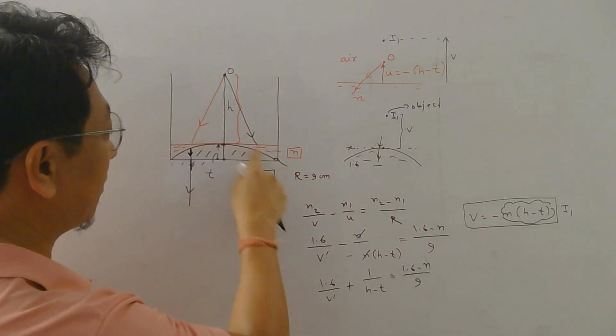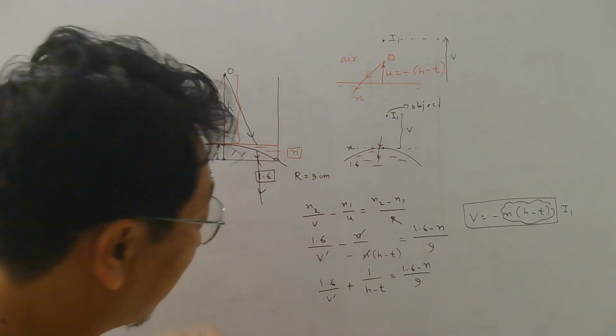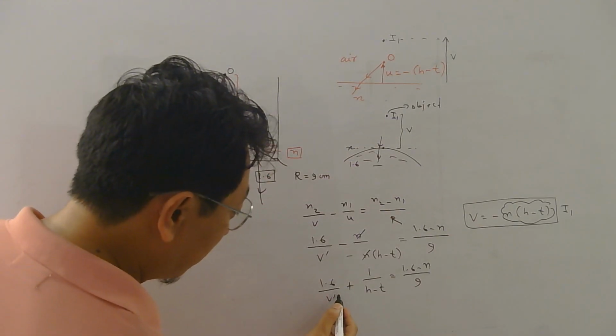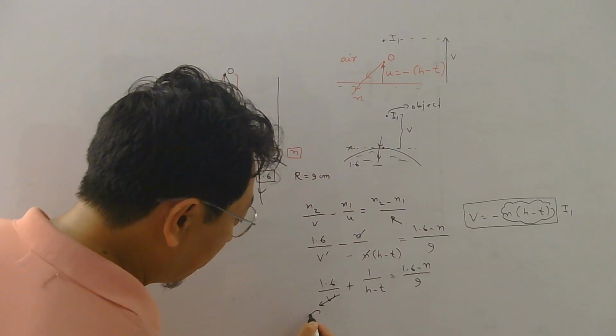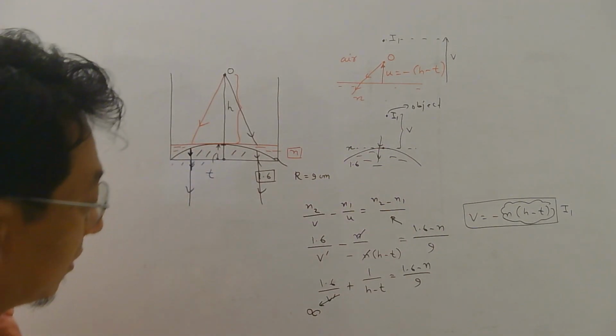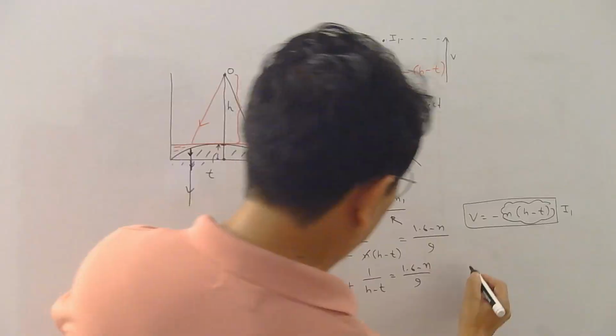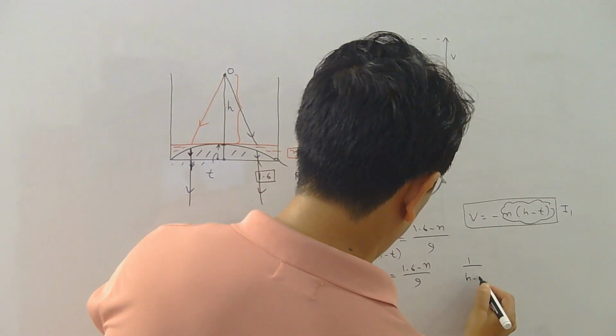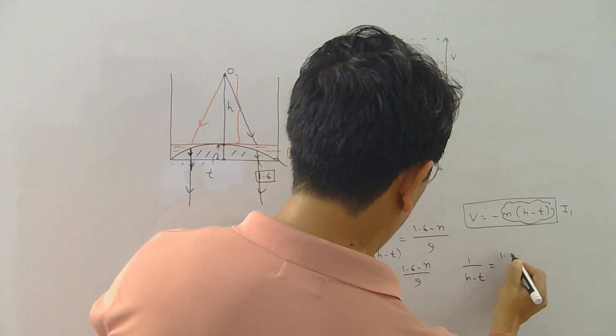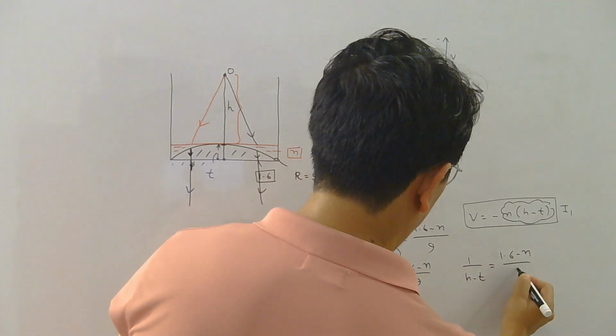Infinity, after refraction through the second surface. That means this image distance will be infinity as per the question. So therefore this part will be 0. So you will get 1 by h minus t equals 1.6 minus n by 9.